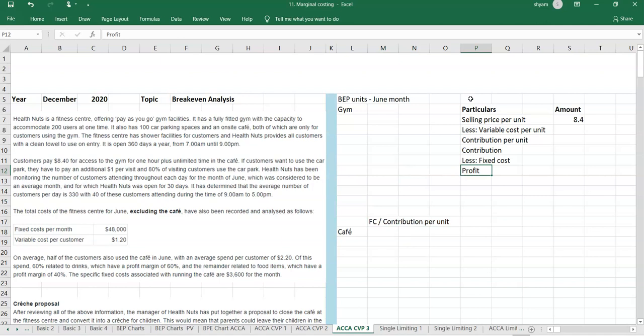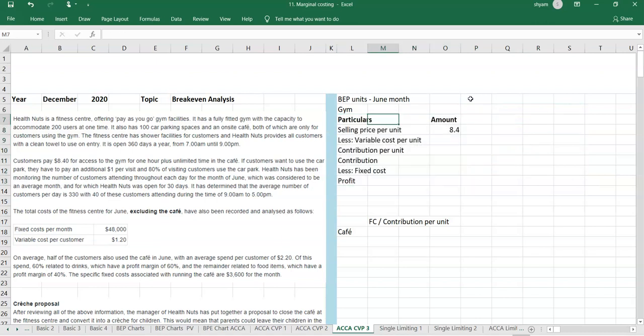This is how in real life you will get some problems, so you have to work it out slowly. So it's 1.2 of variable cost, so the contribution will be 7.2. Okay, so we got the contribution number, and let's see.